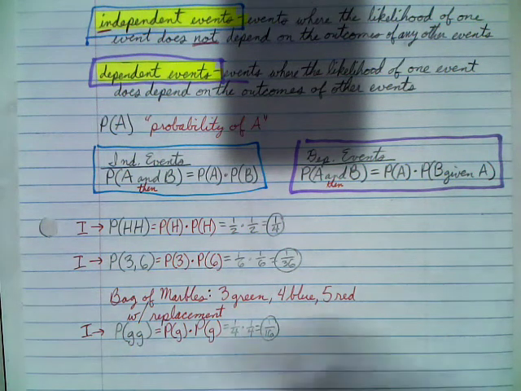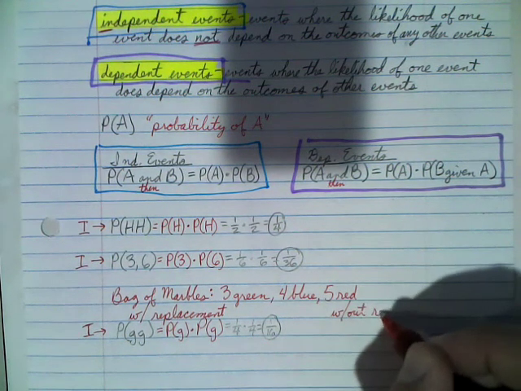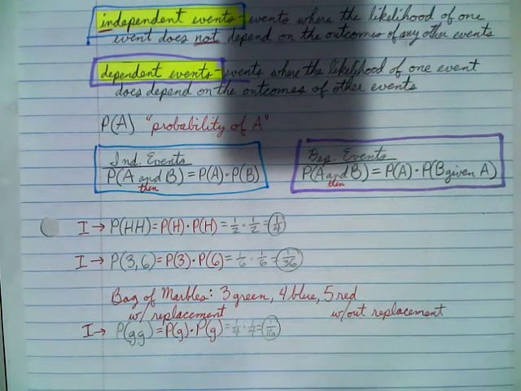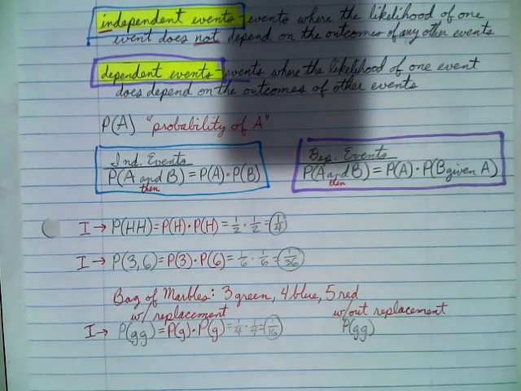On the other hand, what if we now do it without replacement? So when I pull my marble out, I'm going to keep it out. So then the probability of pulling a green and a green, well, now this time if I pull one marble out, I no longer have 12 total in the bag.